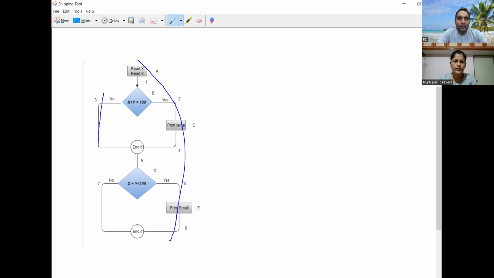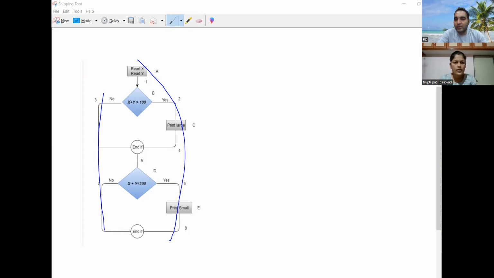Now you can see A1, B2, C4, D5. Are you able to see my notepad screen with this? Yes, sir. So you can see A1, B2, C4, D6, E8, the right side of the flow that we have executed.